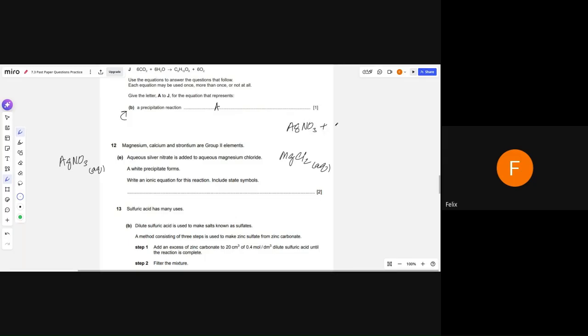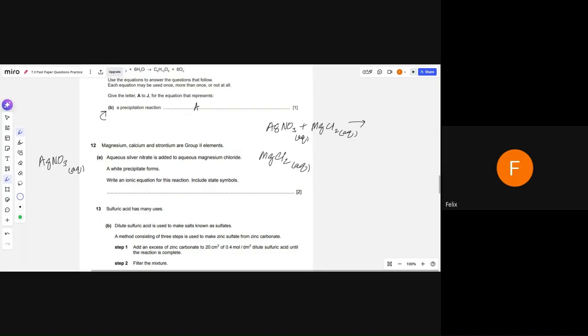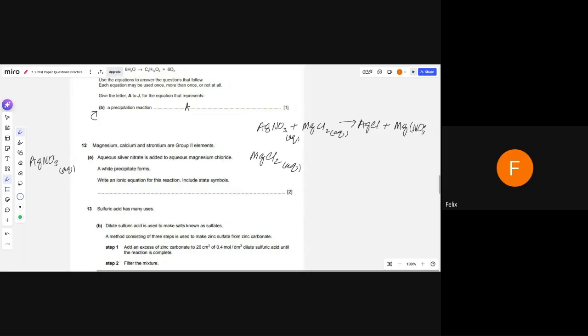AgNO3 reacts with aqueous magnesium chloride in a double displacement reaction, and the salt produced will be silver chloride, AgCl, plus magnesium nitrate, Mg(NO3)2.